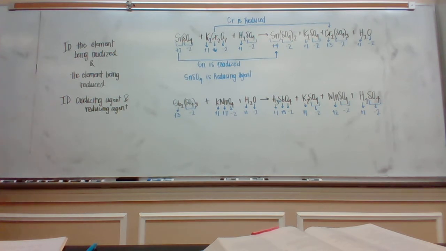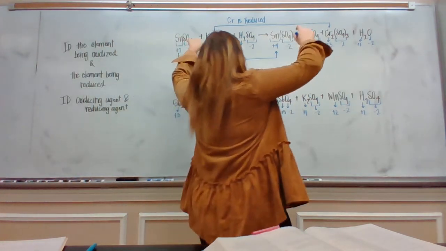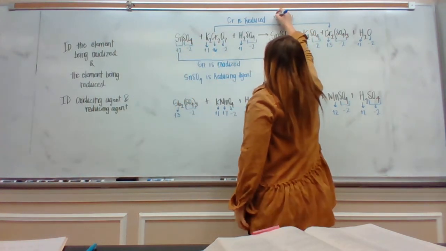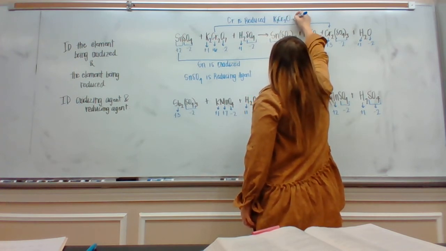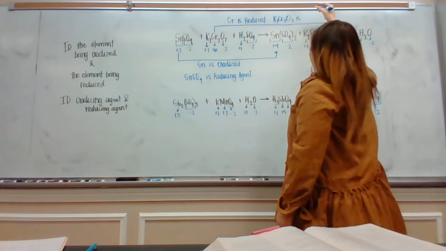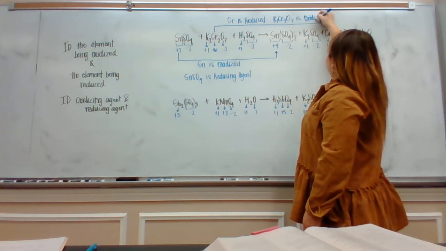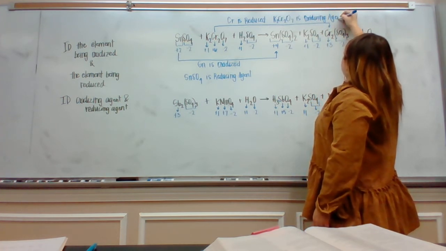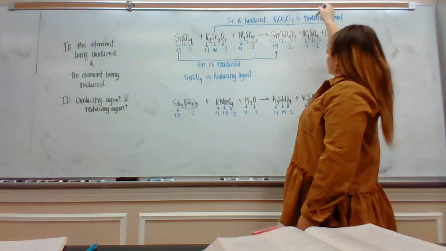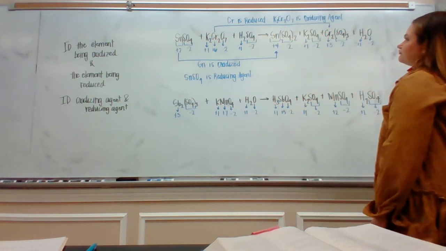So SnSO4 is my reducing agent. So potassium dichromate is my oxidizing agent, because the oxidizing agent contains the element being reduced.